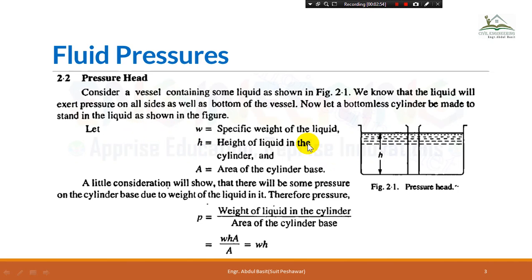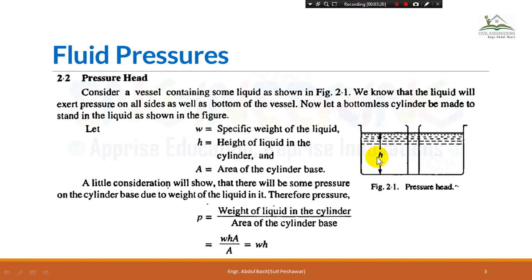Here it is. Another way to describe fluid pressure is pressure head, and that pressure head is this H. In simple words, what does this H mean, and why is it called pressure head, and why is it an alternative to the pressure description?